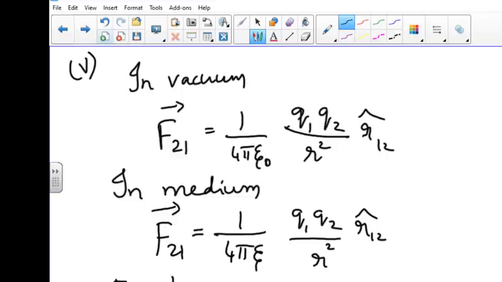It means that if epsilon value increases, then the force value decreases. So we can say the force between 2 point charges in a medium is always less than the force in vacuum.